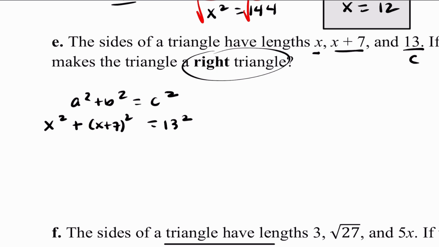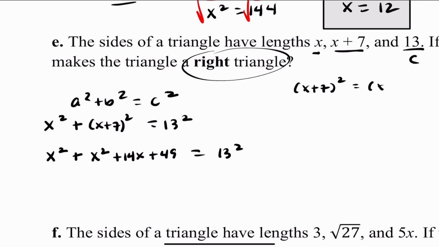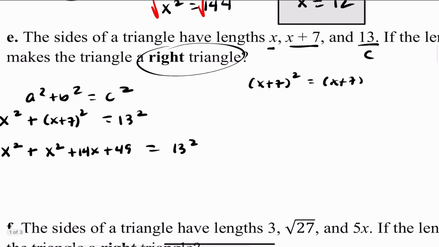So this becomes x squared plus 14x plus 49 equals 13 squared. And by the way, x plus 7 quantity squared is equal to x plus 7 times x plus 7. And once you FOIL that, you should get this.